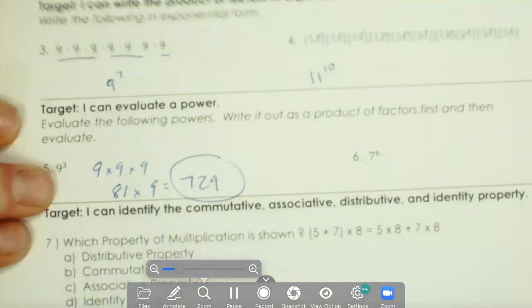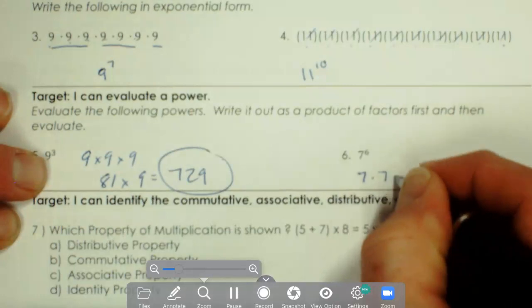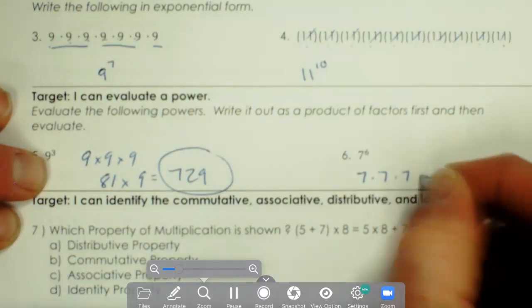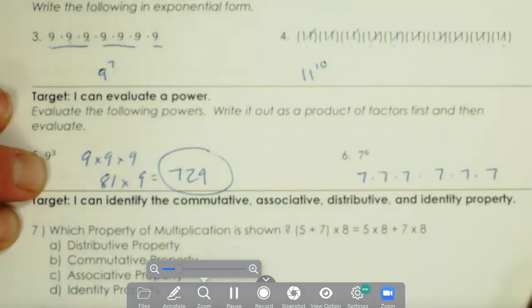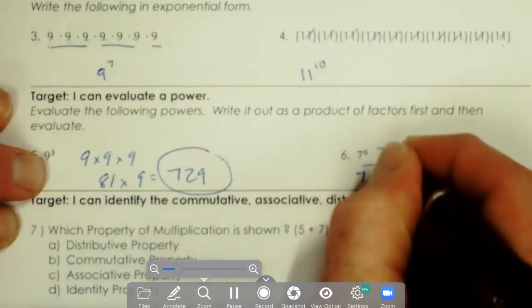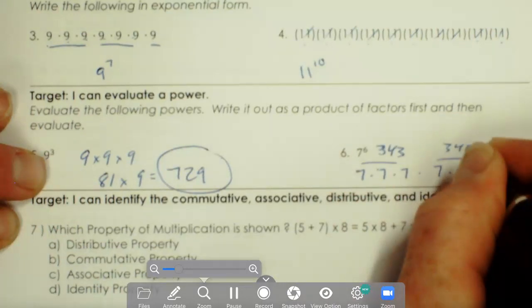Okay, 7 to the 6th power, so that's going to be 7, and we're going to have 6 of them. So 7 times 7 times 7 is 343. So these three would be 343, and this would be 343.